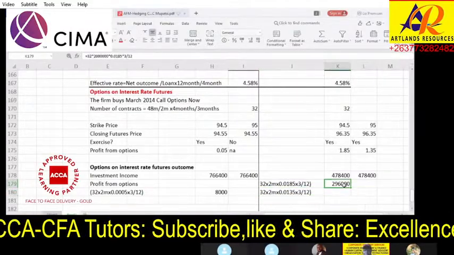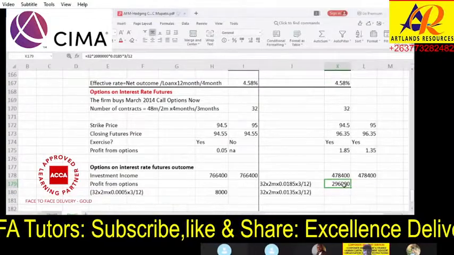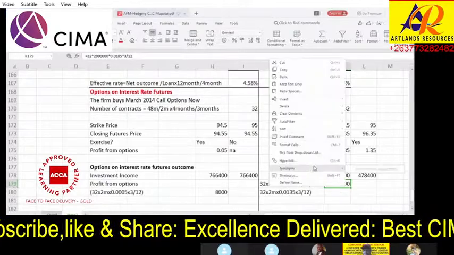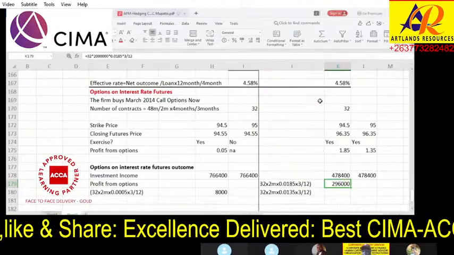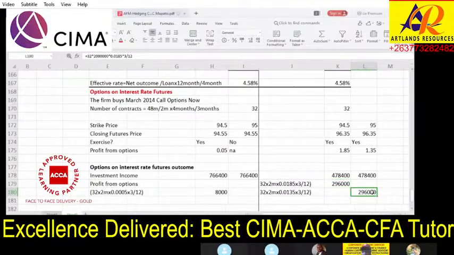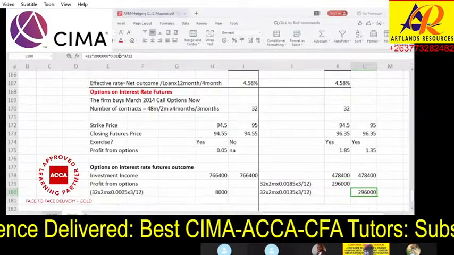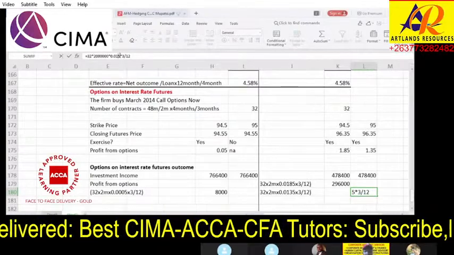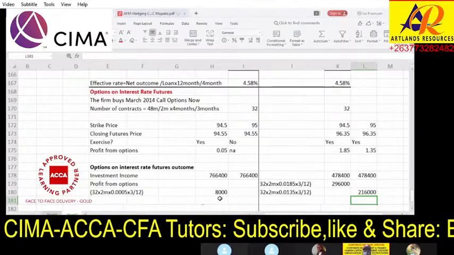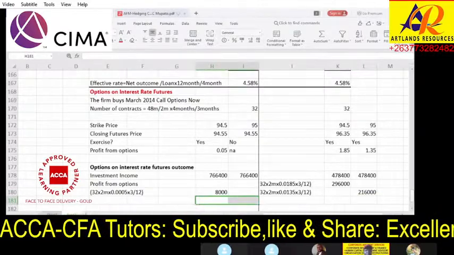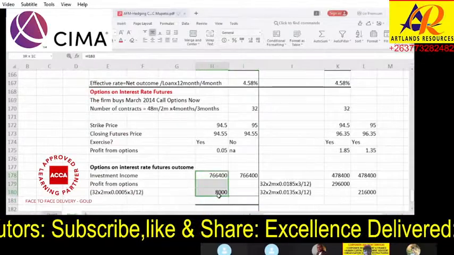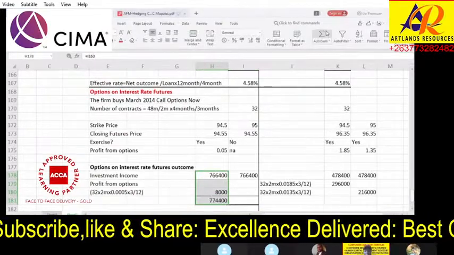Okay. So you say copy. Let me paste there. It's good. Now I just want to put 35 there. So you now have your net outcomes. This is your net outcome.